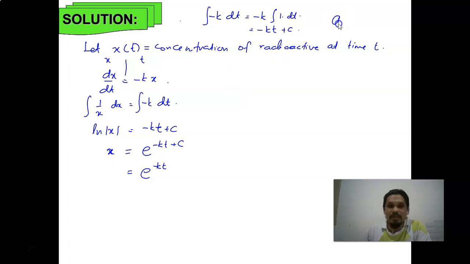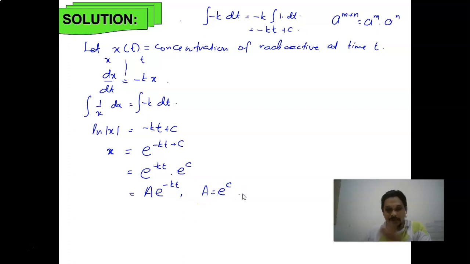Remember this? a to the power of m plus n equals a to the power of m times a to the power of n. So implied here, we simplify e to the power of c as a, so x equals a times e to the power of negative kt, where a equals e to the power of c.